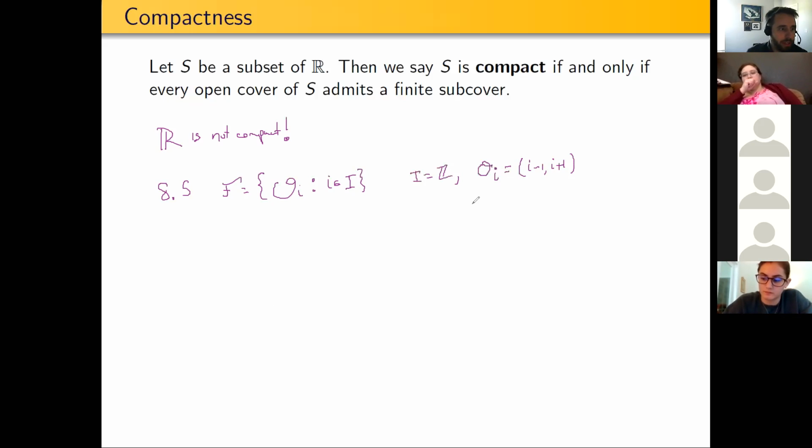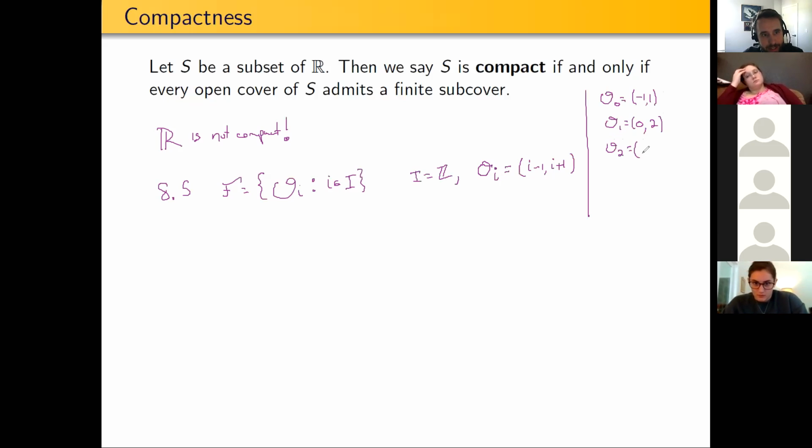To be really explicit about this, O sub 0 was the open interval from -1 to 1. O sub 1 was the set from 0 to 2. O sub 2 was the set from 1 to 3. O sub 3 was the set from 2 to 4, and so on.